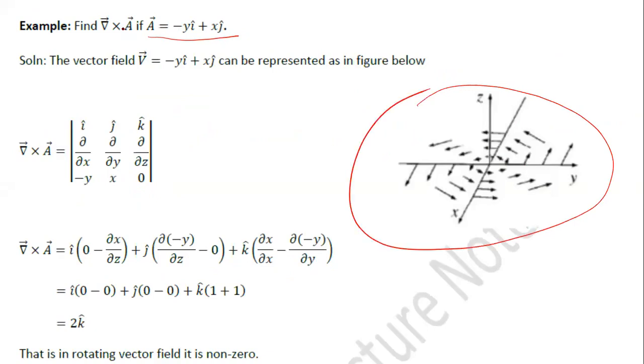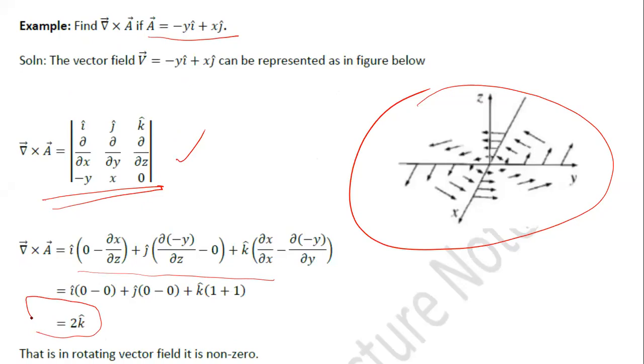Now, you take a cross product between the operator and this vector A. As I said, this is the curl. You just take a cross product. This is what you get. Finally, if you follow the mathematical steps here, curl of vector A will be 2 times k vector. That means curl of vector A is non-zero.